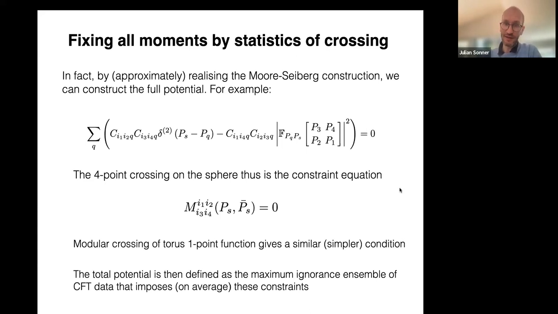It can only be done in this form, at least as far as I understand, if the operator content of your theory is the identity Virasoro block, and then the continuum of states above c-1/24. So precisely what we would expect to be the universal content of pure gravity. So there's gravity, then there is the black hole threshold, and then you average over all possible microstates above the threshold of c-1/24. If that is your assumption on the spectrum, then you can write this equation as cleanly as this.